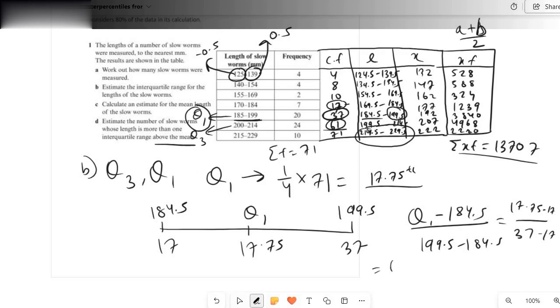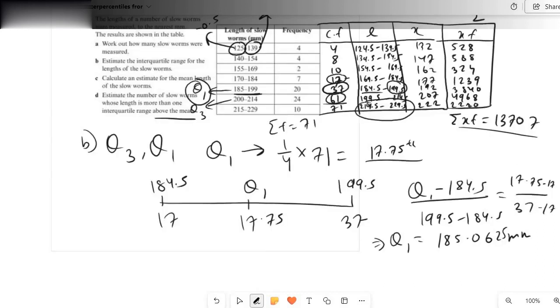So solving for Q1, we get a value of 185.0625. This is the lower quartile, which has a unit of millimeters.